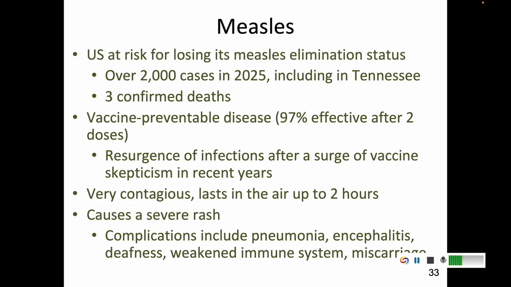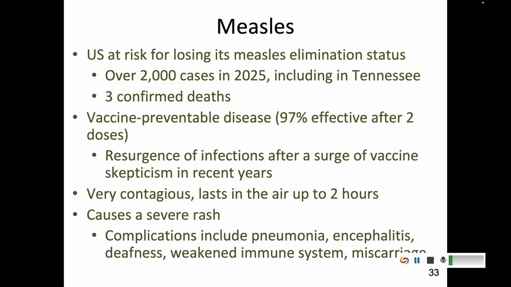So vaccine rates dipped. There is an unhealthy amount of vaccine skepticism. I'm sure if you've been on social media, you've seen at least someone say something skeptical of vaccines. Especially in recent years, there's been a lot of vaccine skepticism, which has further lowered the rate of vaccination.